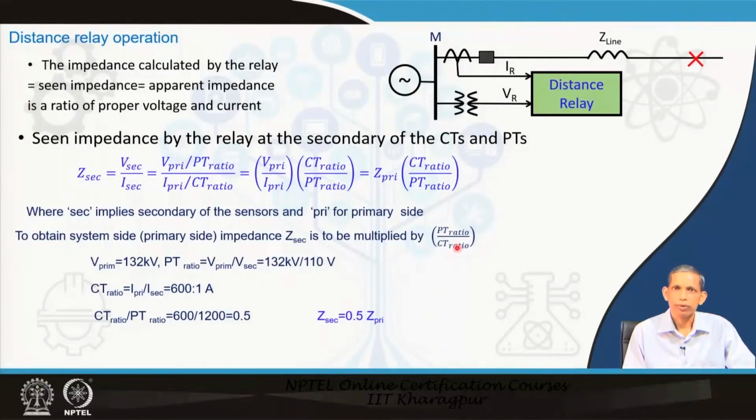Most testing kits use the secondary signal in general. So, if a relay is set in terms of Z secondary, then the corresponding multiplying factor must be taken care of. However, a numerical relay does not have such a problem; it can accommodate Z primary directly.